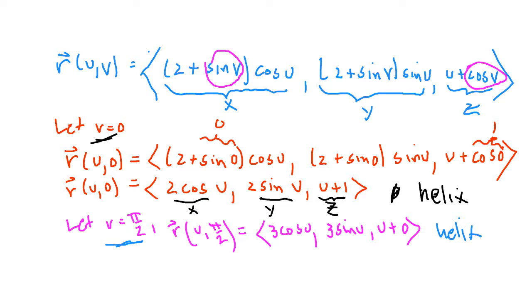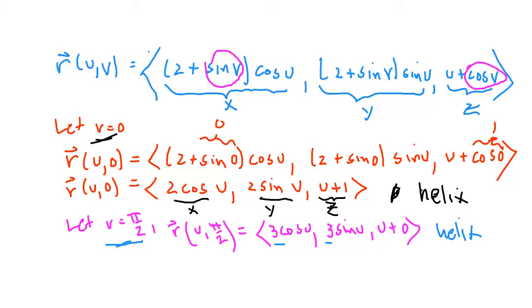They move in circles with different radii. This helix here has a radius of 3, whereas the helix where we let v equal 0 has a radius of 2.